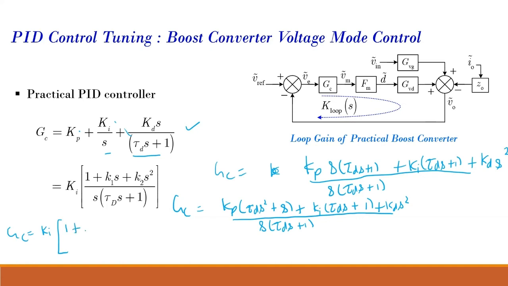Then we get 1 plus S into KP upon KI plus tau D, plus S square into KP tau D upon KI plus KD upon KI, divided by the denominator. Any doubts in this part?